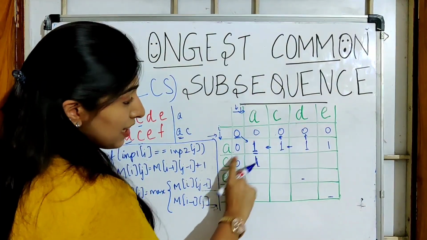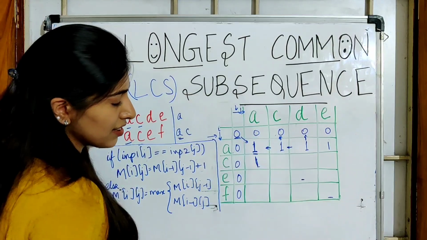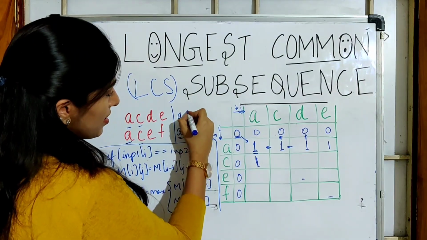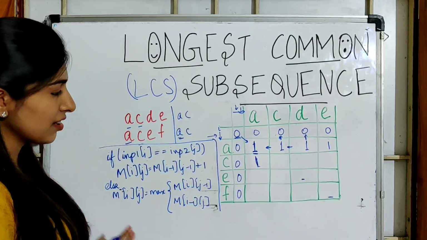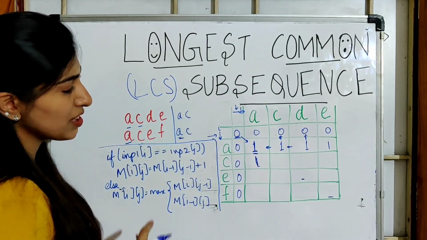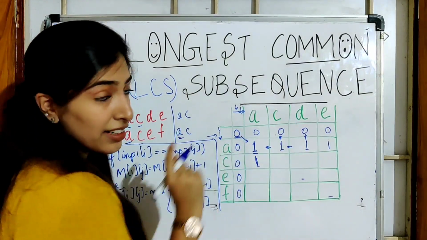Again, here C and C are equal now. Now we have come to this case, right? When the characters are the same. So now excluding these characters, we are considering A and A. We know that we are going to include this C in our answer, okay? Now we exclude this C and check what was the longest common subsequence without this C. That will be denoted by AA, that is 1.